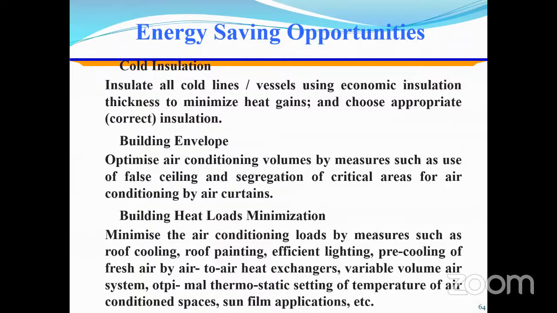Minimize the air conditioning loads by measures such as roof cooling, roof painting, efficient lighting, pre-cooling of fresh air by air-to-air heat exchangers, variable air volume systems, optimal thermostatic setting of temperature of the air-conditioned space, and sun film applications for windows and doors, etc.